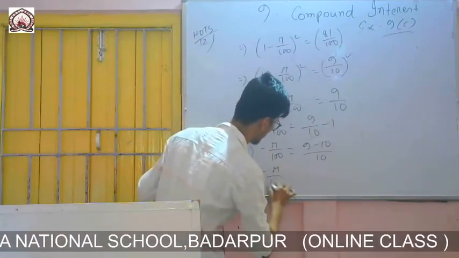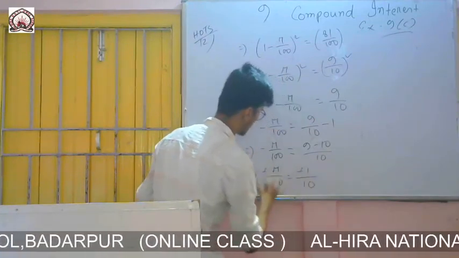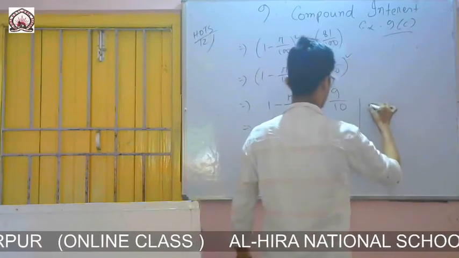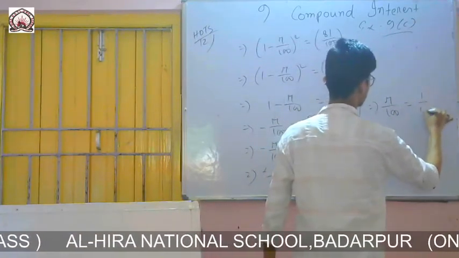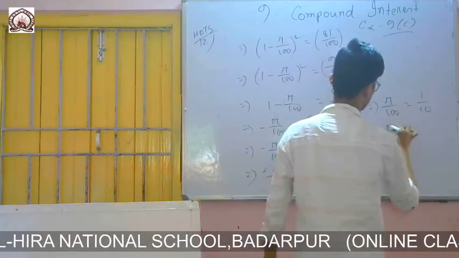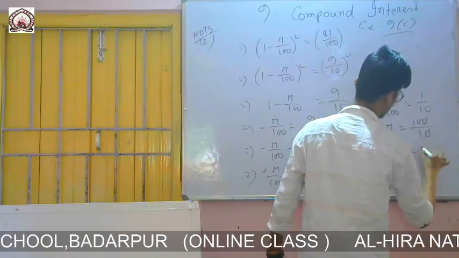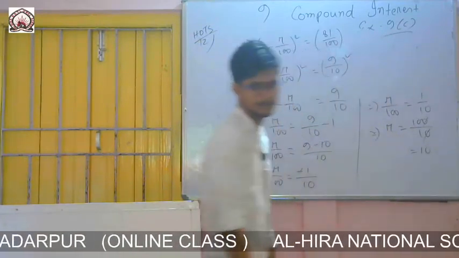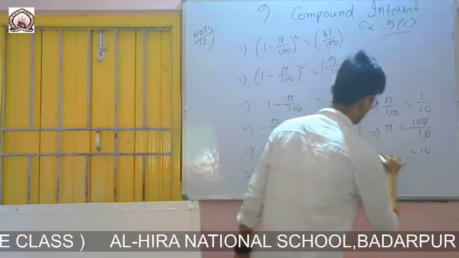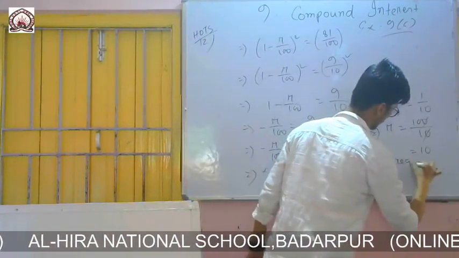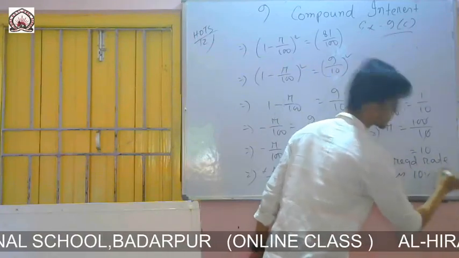Minus R by 100 equals minus 1 by 10. Minus I can cancel. So implies R by 100 equals 1 by 10. R equals 100 by 10, 0 0 I can cancel, so the value of R is 10. Therefore the required rate is 10%.